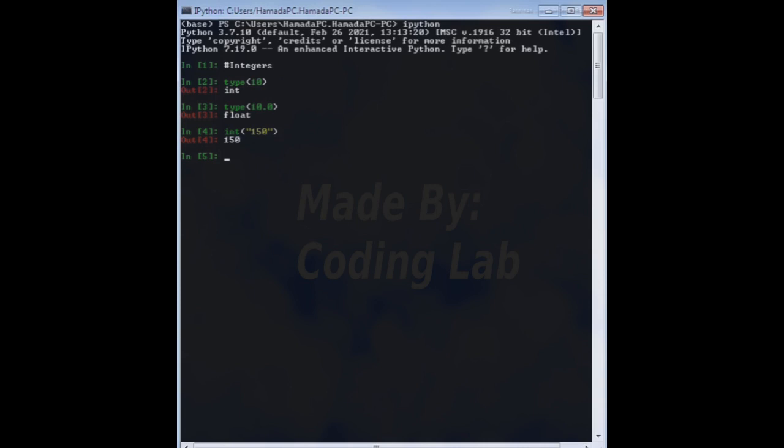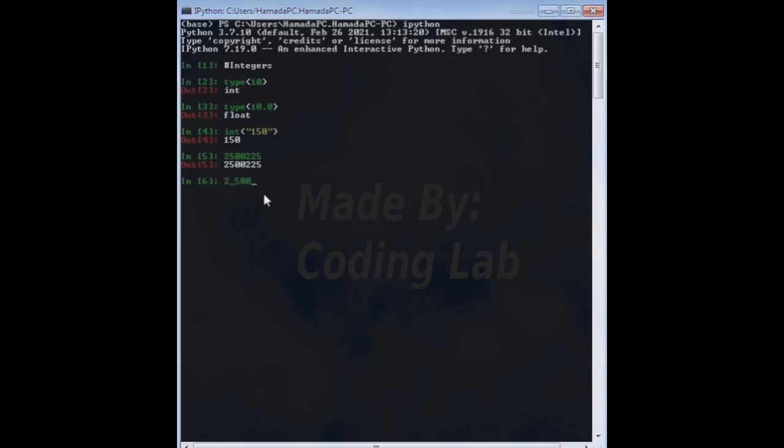We can use large numbers like 2,500,225. Okay, writing a large number without using commas is very hard to read.